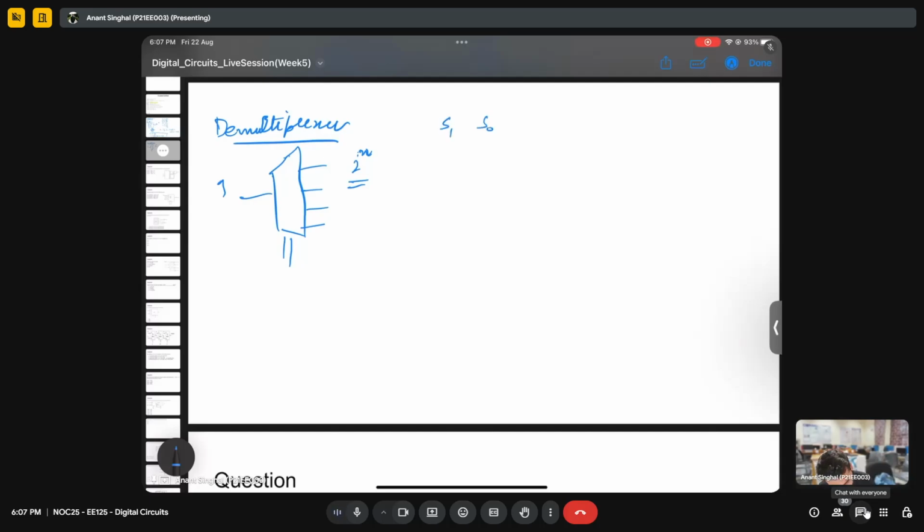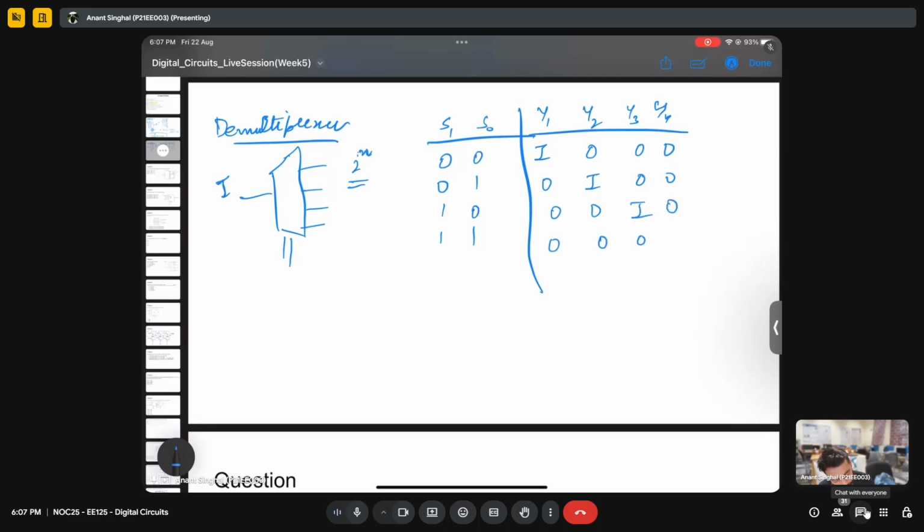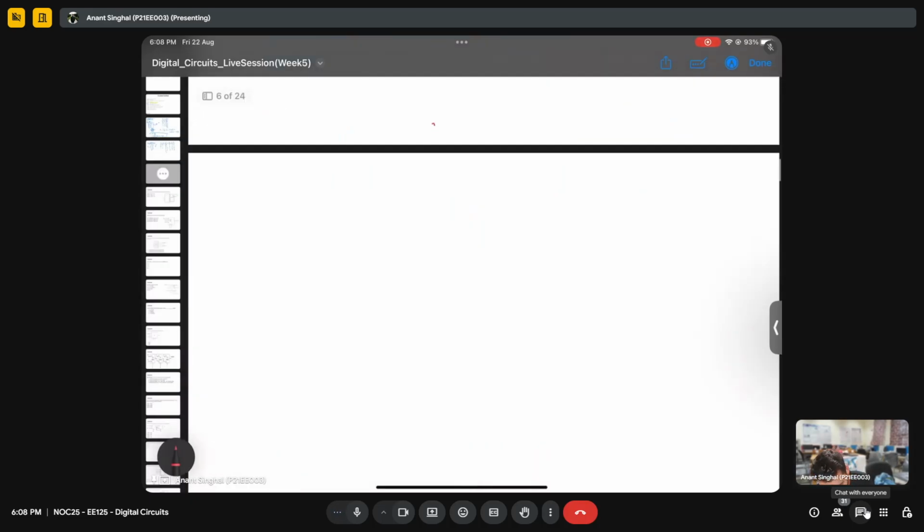Taking the case of 2 select lines, it has 4 outputs, let's say y1, y2, y3, y4, and the input is I. If the select is 0 0, then the first output gets the input and the others get 0. Based upon the select line, the output equals the input whenever the select line corresponds to that output. You might already know this. These are all basics. I just started with this to give you the idea.